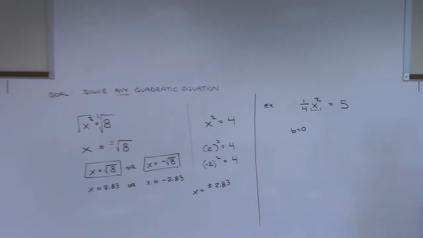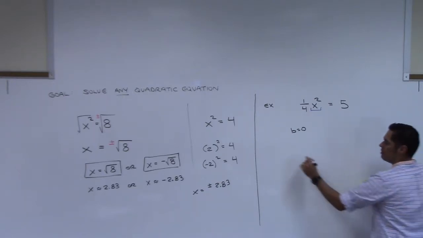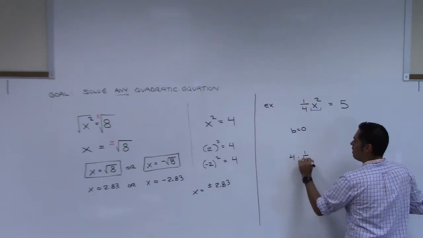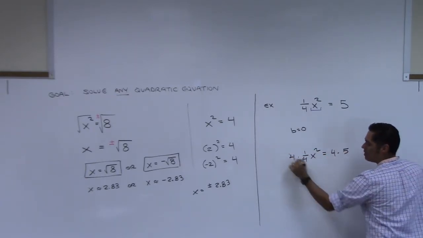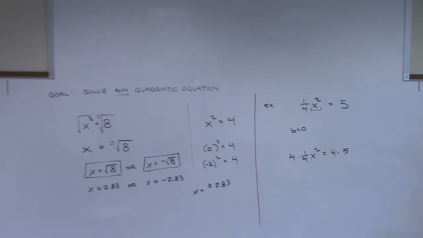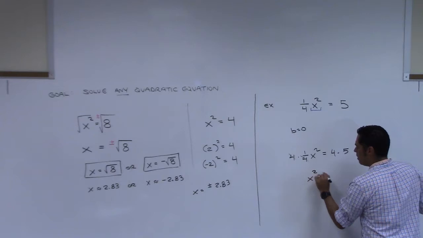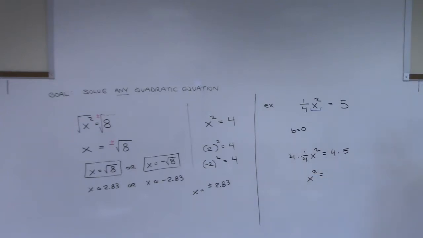So what could I do to get rid of 1/4? I could multiply by 4 or divide by 1/4. I like multiplying by 4 here. So I'm going to multiply 4 on the left side and 4 on the right side, and that will clear that fraction out. All you'll be left with is x squared equals what? 20.